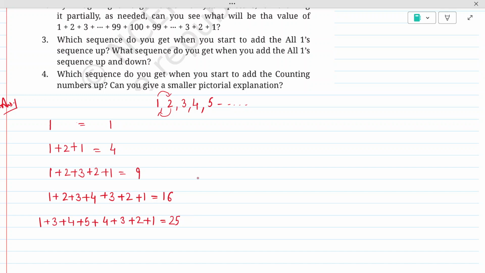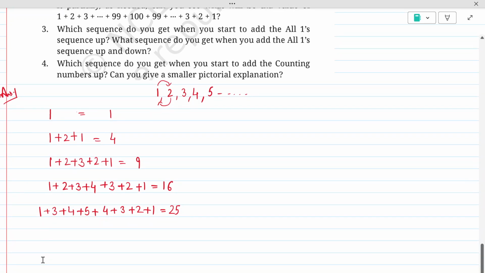So this is what we did in the last class. After this, when we add these counting numbers up and down, we got the series of the square numbers, right? We got 1, 4, 9, 16 and 25, which is a square sequence.